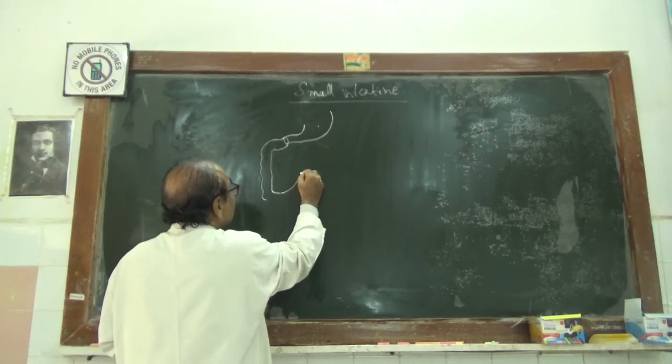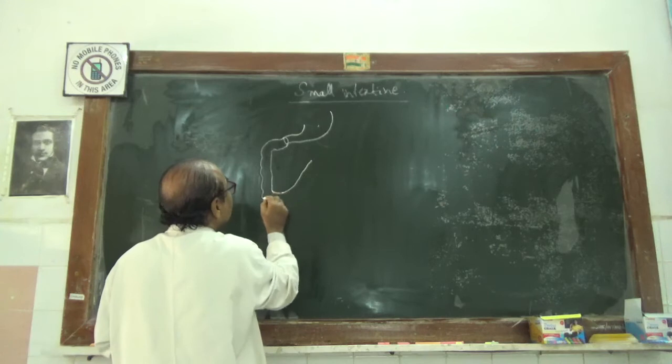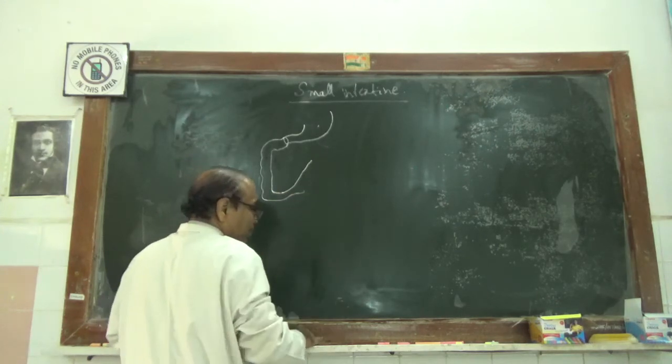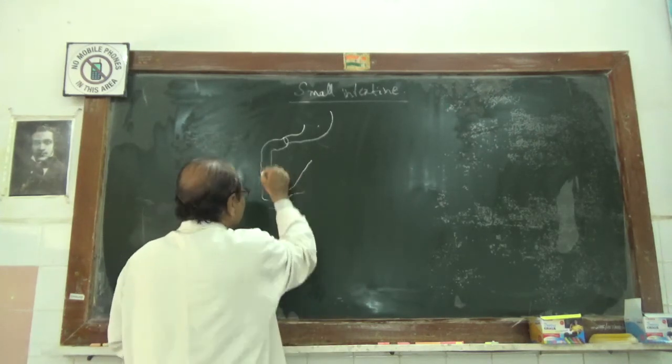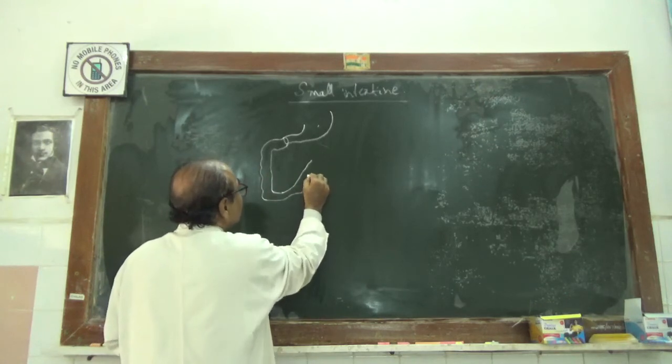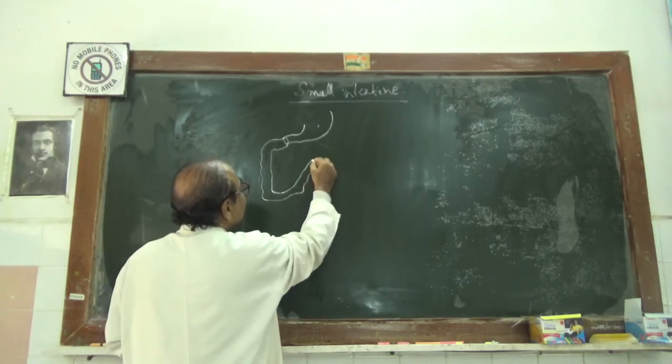Then it will run straight downwards to become the descending part.